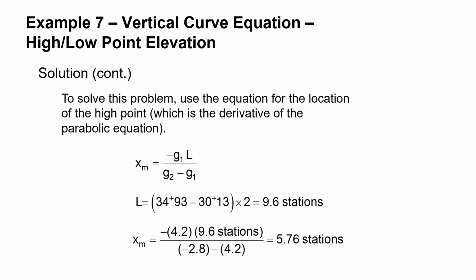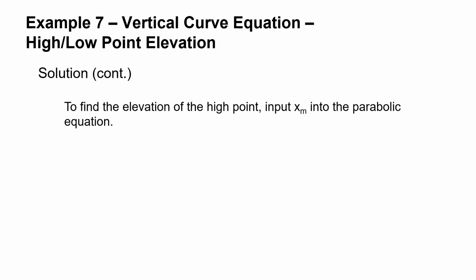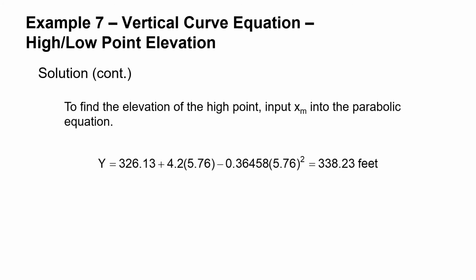So building on that value though, for this one, we know our x sub m is 5.76 stations. We want to plug that value of x into our parabolic equation. So plugging in 5.76 gives us an elevation of the high point of 338.23 feet. And that is answer B.